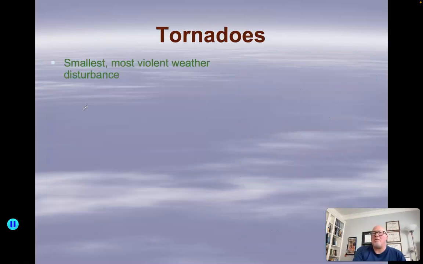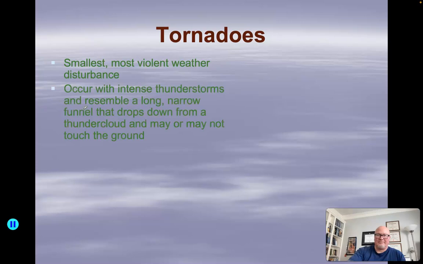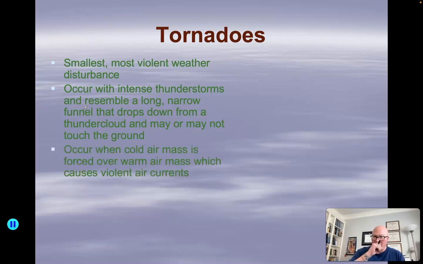Tornadoes. Tornadoes are the smallest but the most violent of severe weather disturbances. And these occur when you have intense thunderstorms, and they resemble a funnel that drops down out of a thundercloud. They may or may not even touch the ground.